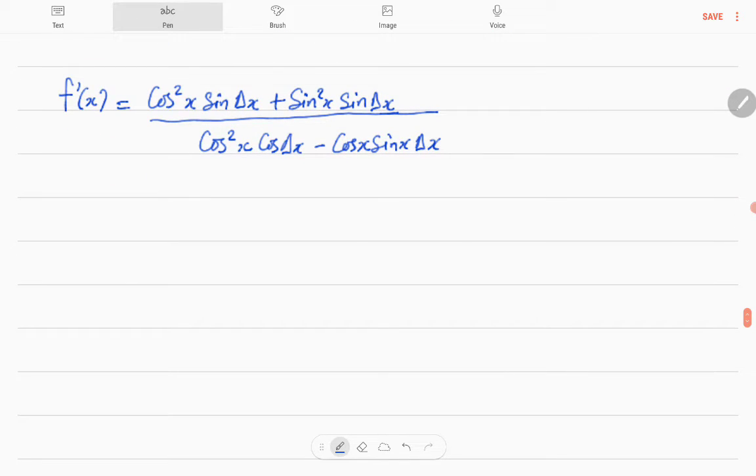Since this is divided by dx, the numerator sin dx is common, so we are just going to factorize it out.